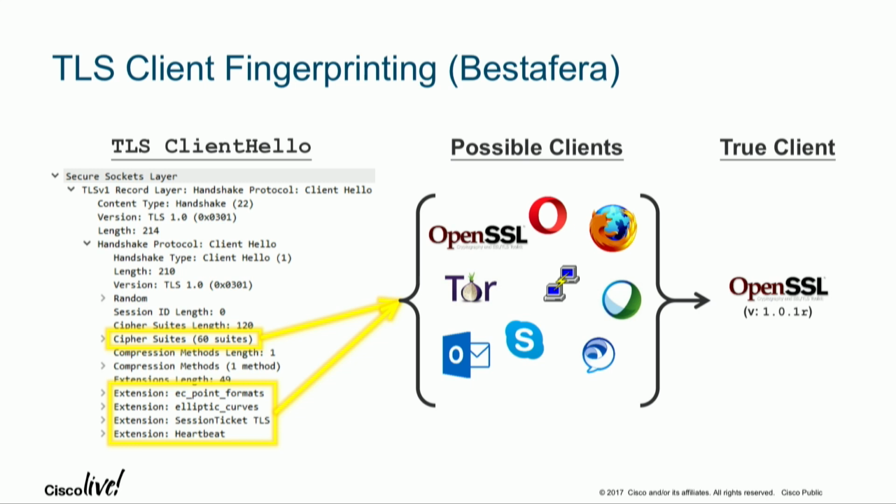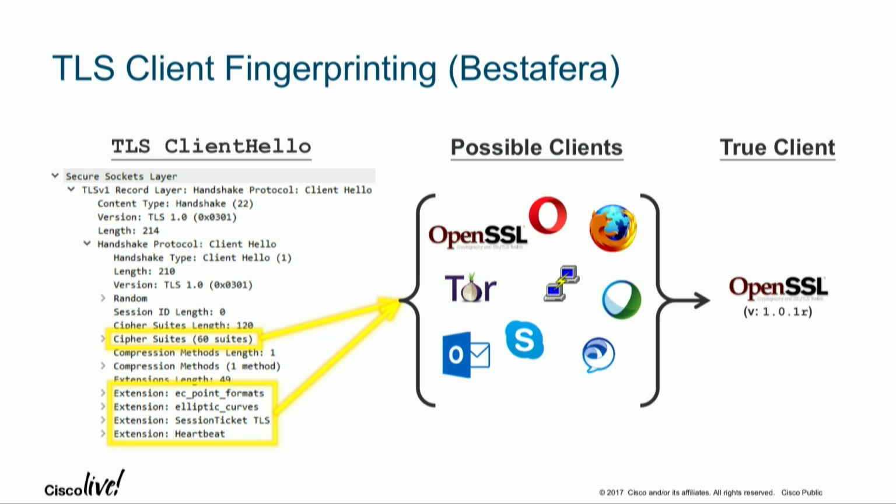For example, your web browsers will want more heavyweight encryption algorithms as opposed to your mobiles, which are probably going to be asking for more efficient encryption algorithms, right? So each of these applications changes some of the parameters of the library in a different way to suit their needs. And what we've noticed with Bestafera is that it simply uses the default parameters of OpenSSL, right?